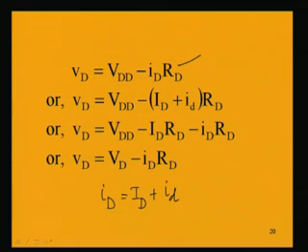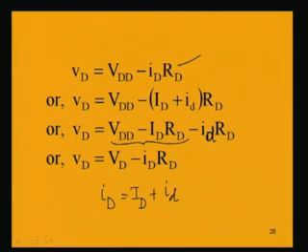Which will be giving us the instantaneous voltage v D equal to V DD minus I D R d minus small i d R d. Now, we note this term V DD minus capital I D R d.